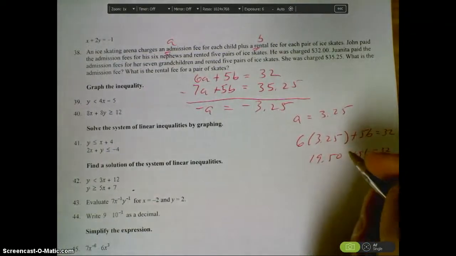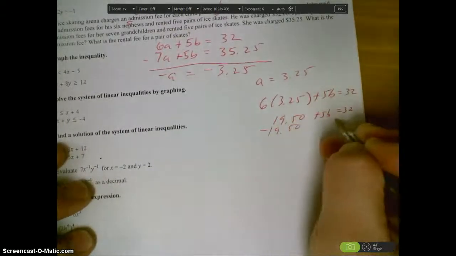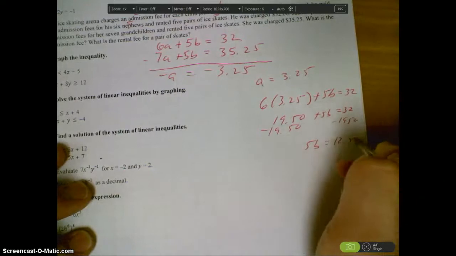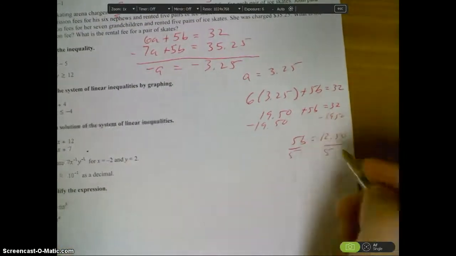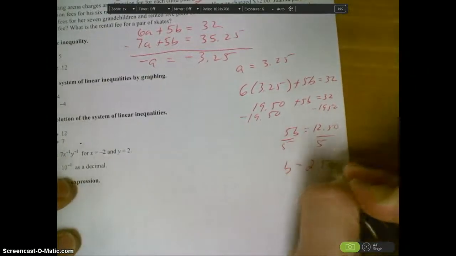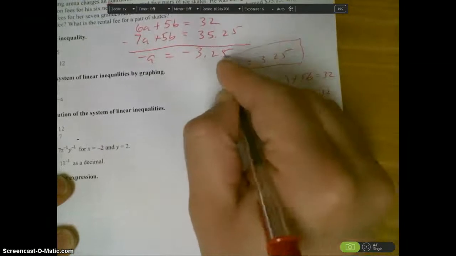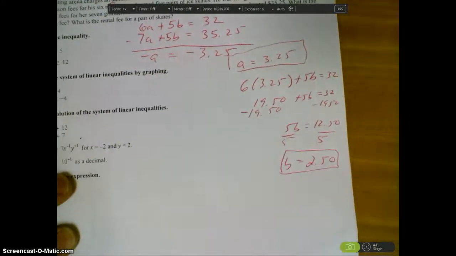I'm going to subtract 32 minus 19.50, and that gives me 12.50. So 5b equals $12.50. I'm going to divide both sides by 5, and that gives me a value of $2.50. So it's $3.25 to get into the ice skating rink, and it's $2.50 to rent skates.